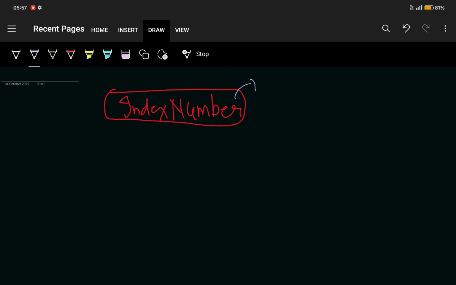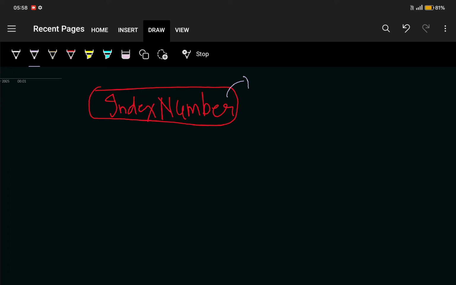Index number is an indicator which reflects the changes over a specified period of time in the prices of commodities, quantities of commodities, and cost of living index.